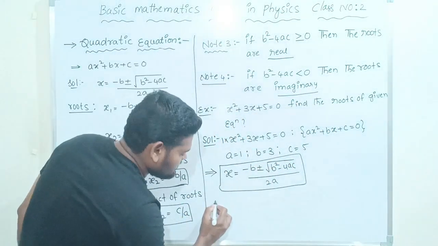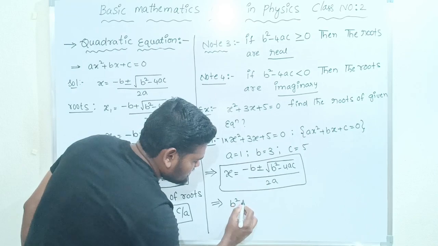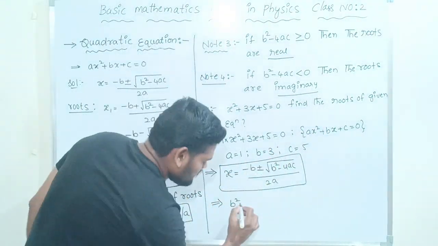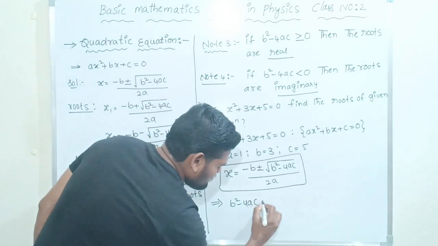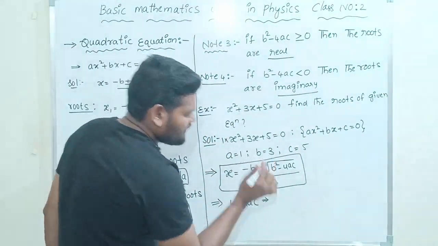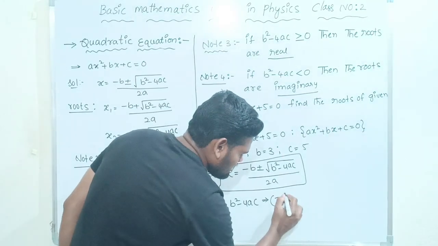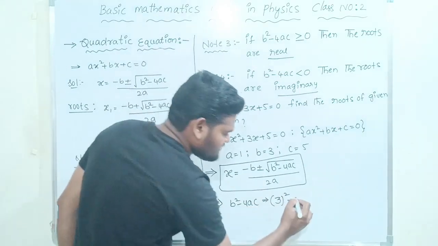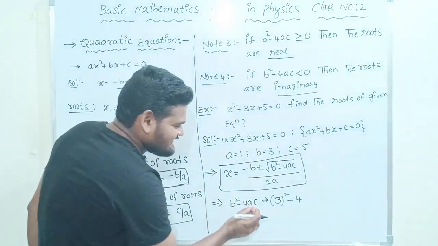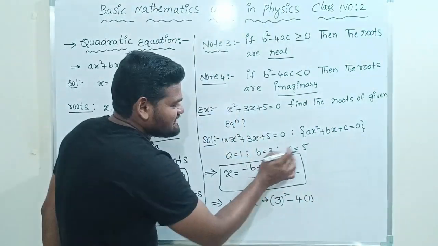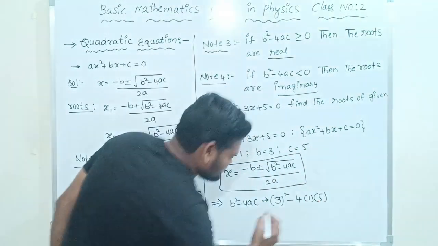First we find the value of b square minus 4ac. B square minus 4ac is equal to, what is the value of b? 3 square minus 4. What is a? A is nothing but 1. What is c? C is equal to 5.